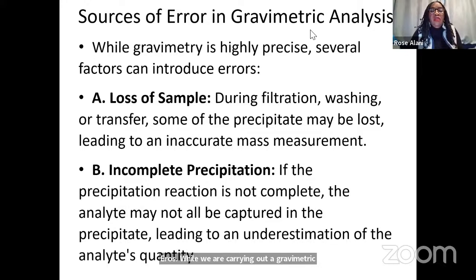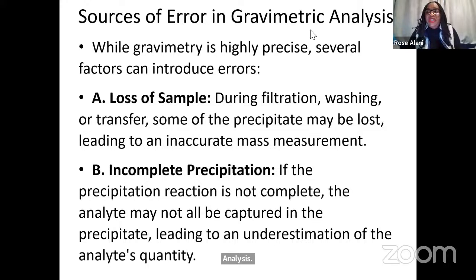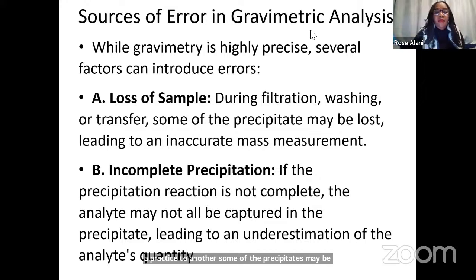So one is loss of sample. During filtration or washing or transfer from one apparatus to another, some of the precipitate may be lost, leading to an inaccurate mass measurement.